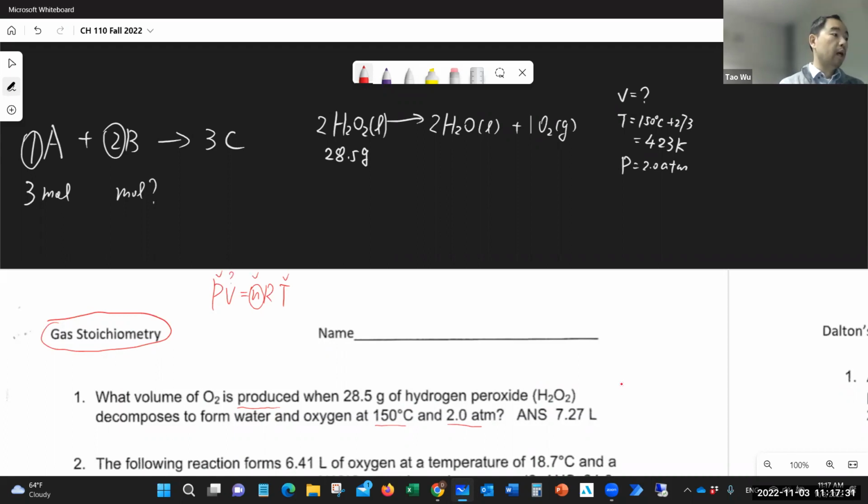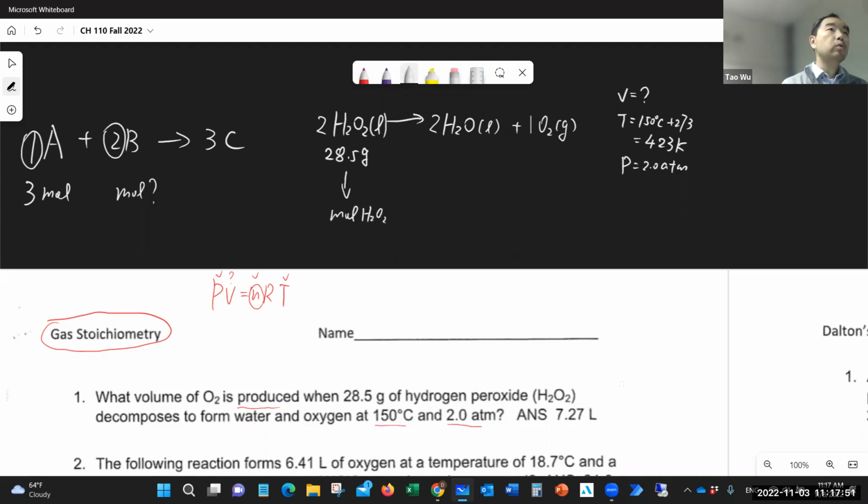So that is why the key is how to find the moles of a gas, the moles of the oxygen. Well, obviously, you know the mass of the hydrogen peroxide. So you're going to figure out the moles of the hydrogen peroxide.